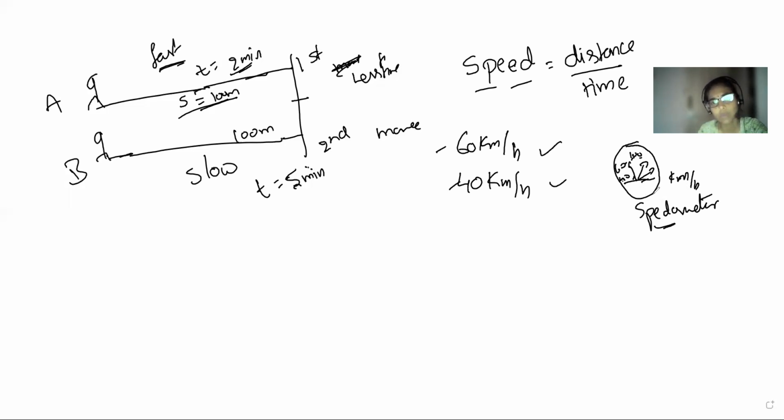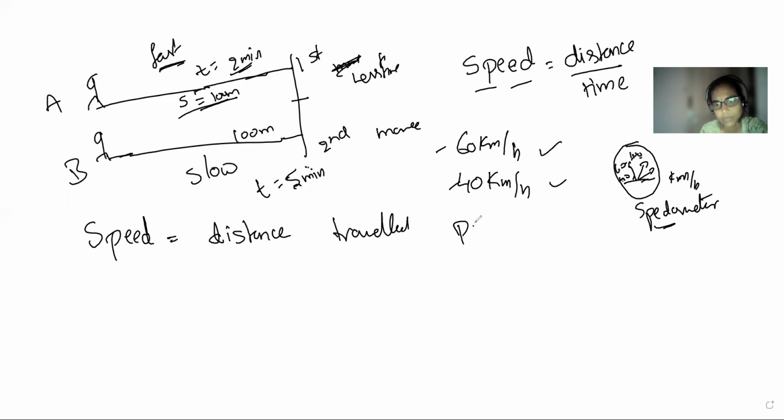So speed means how much distance traveled by time taken. Understood, children? The word speed we can write as distance traveled per unit time. This is what is called speed.